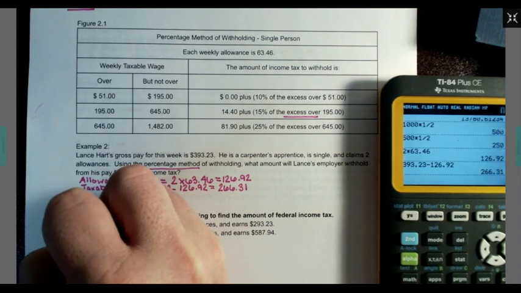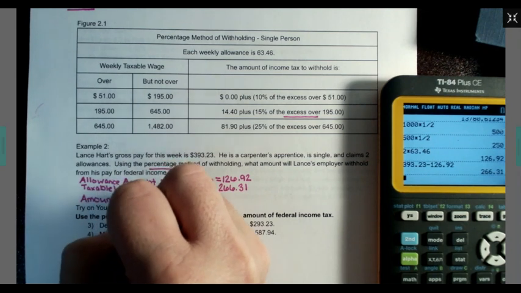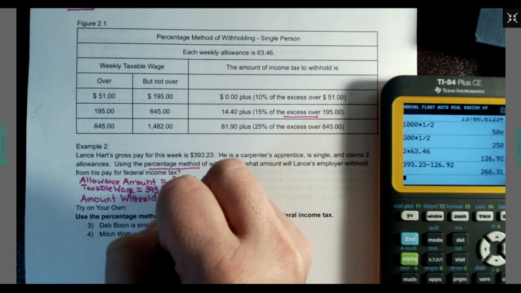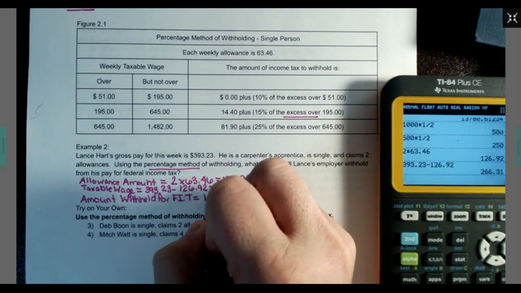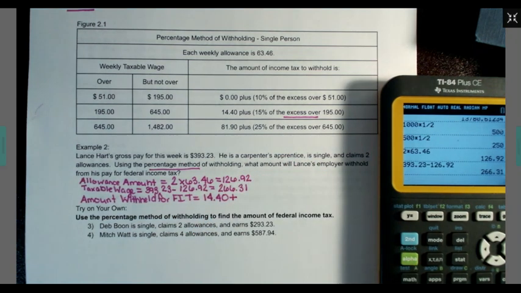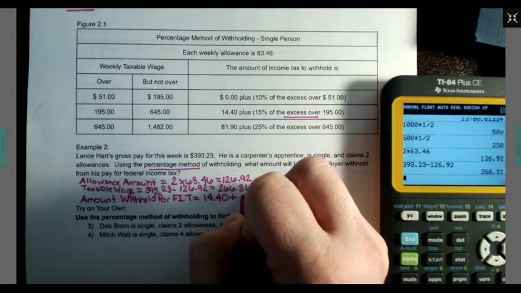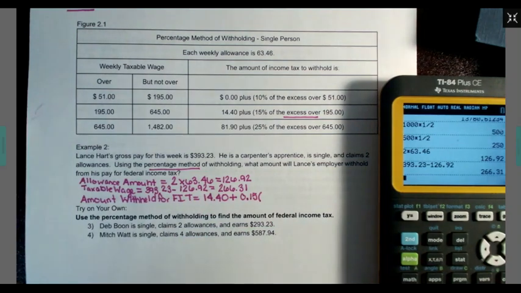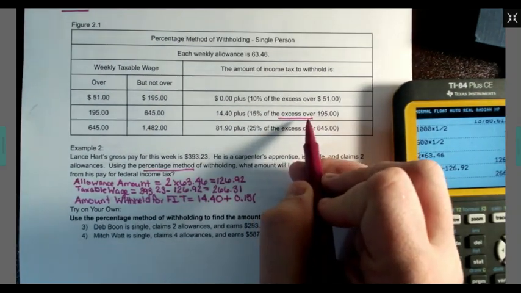Okay, so I'm going to call this amount withheld. It's going to equal 14.40 plus 15%, which we write as 0.15 in decimal form, of anything over 195.